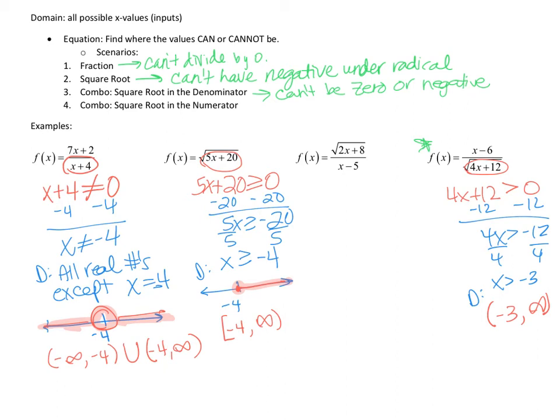This last scenario is when I have the square root in the numerator. So now what I notice is that I've got my two things, fraction and square root, in two different places. Now I'm going to say, well, I can't be negative in the numerator, and that's important when I use the word and, I can't be 0 in the denominator.